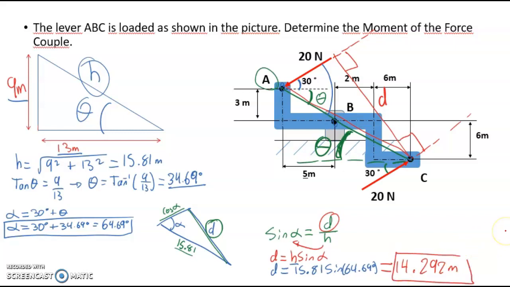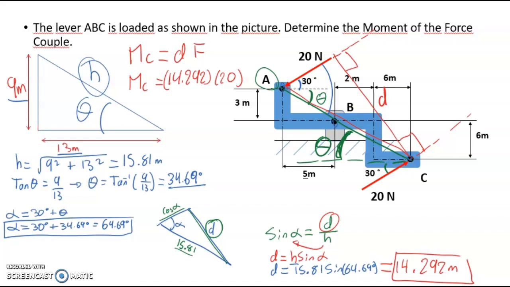Knowing that, and remembering that the moment of a couple is equal to that distance times the force, the moment of the couple is going to be equal to 14.292 times 20.